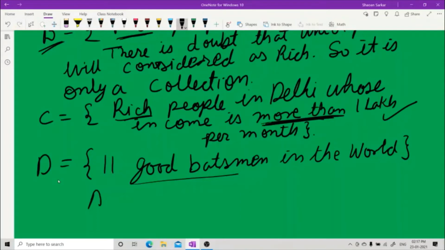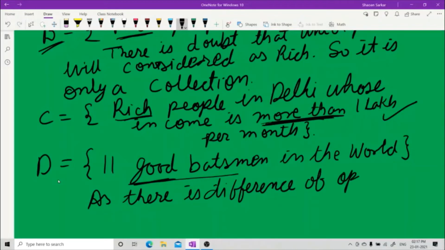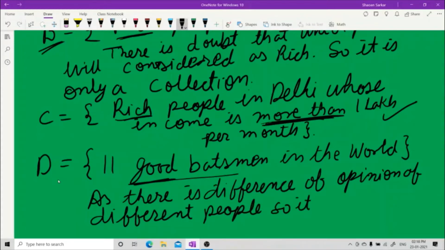As good is an adjective, there is a confusion, or a difference of opinion of different people, so it is a collection only.